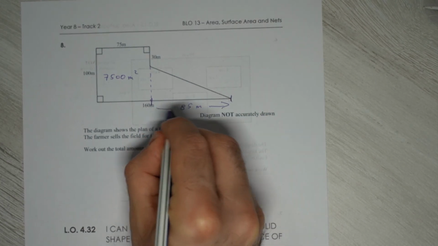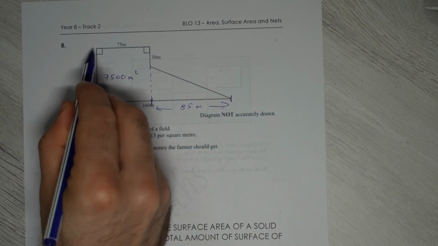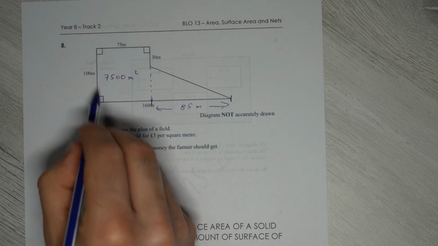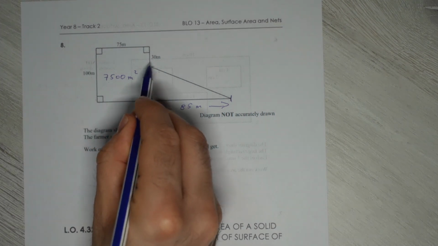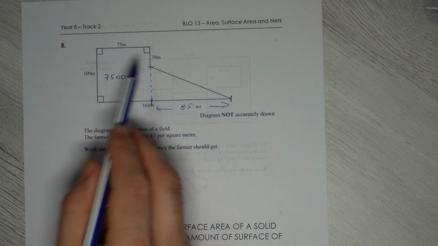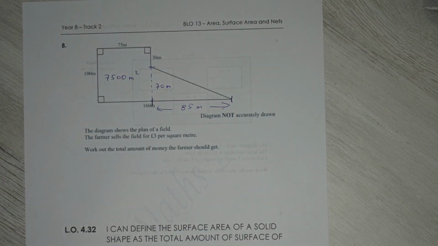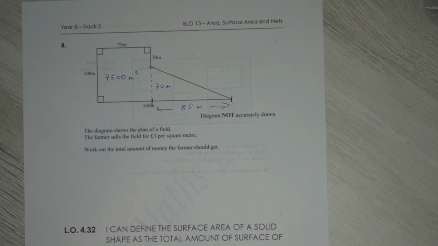So from here to here, the base of the triangle is equal to 85 meters. We need to find the perpendicular height of the triangle. We know that this rectangle is 100 meters high and this part is equal to 30 meters. So we need to subtract 30 from 100, which will end up with 70 meters, the height of the triangle.